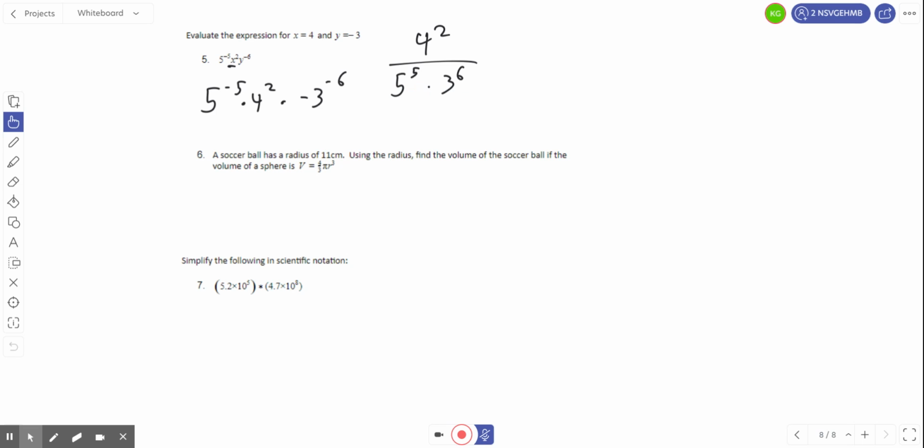We don't have any common bases, so we can't combine anything. 4 squared is 16, and 5 to the 5th is 3,125. You don't have to show all this work. I'm just doing it to be thorough. And 3 to the 6th is 729.